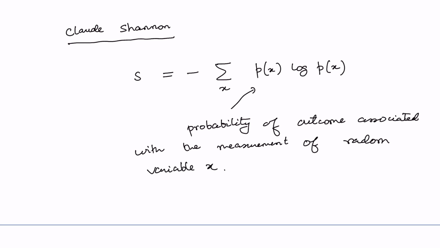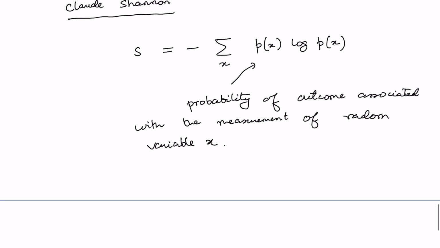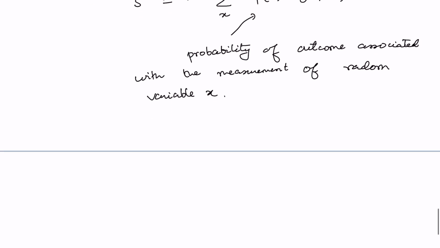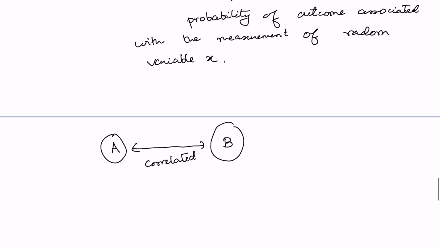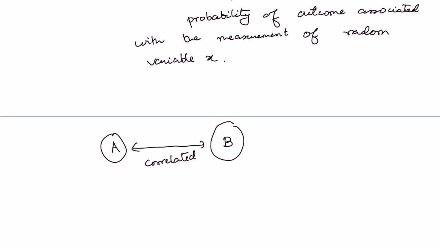In information theory, entropy is used to quantify the degree of correlation between systems, and correlation is a measure of information. When two systems A and B are correlated, the question that is generally asked is how much information of A is contained in B, or vice versa.